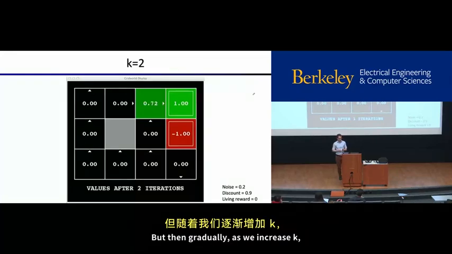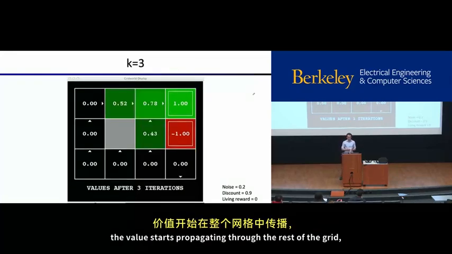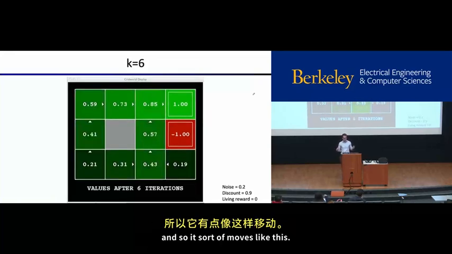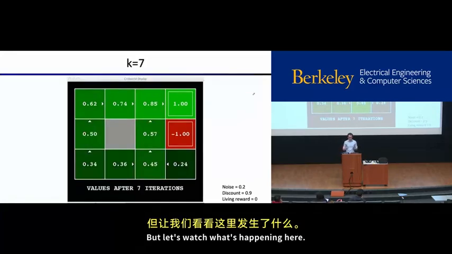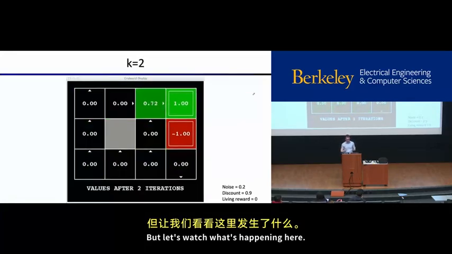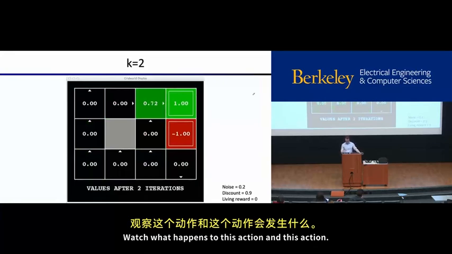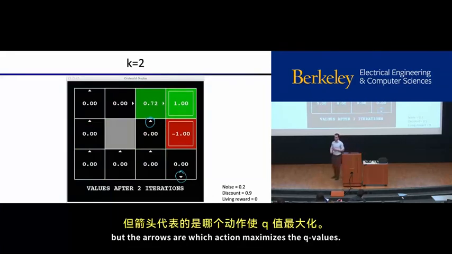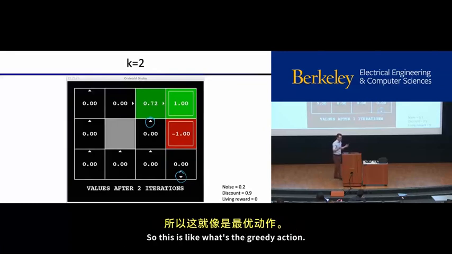But then gradually as we increase k, the value starts propagating through the rest of the grid, and so it sort of moves like this. But let's watch what happens to this action and this action. I didn't tell you what these arrows were before, but the arrows are which action maximizes the Q values. So this is like, what's the greedy action?